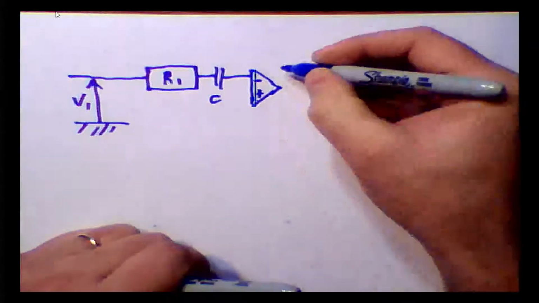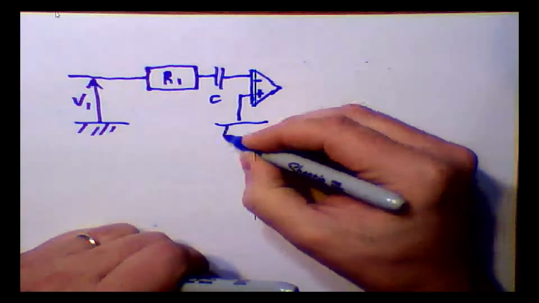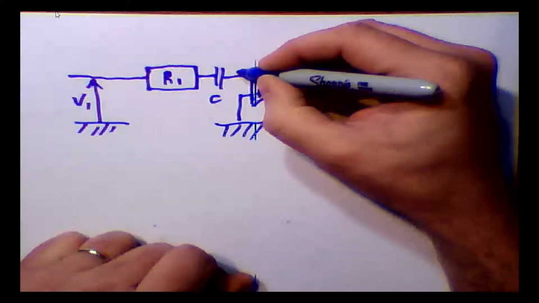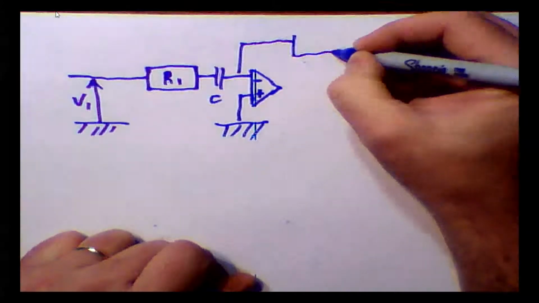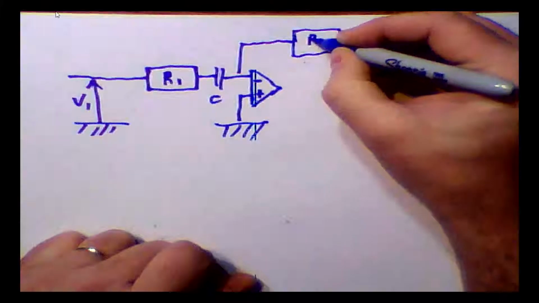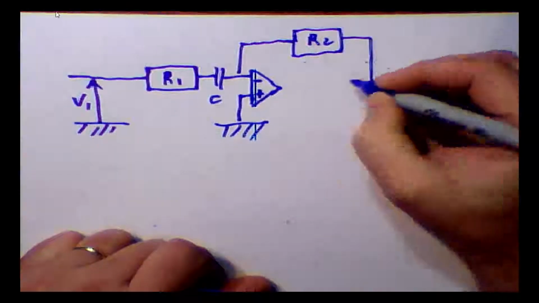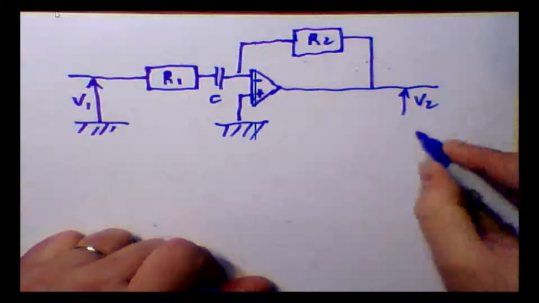We just draw the armatures, link that one to the ground, and hook it up to a second resistor, R2. And we collect everything at the output, V2.